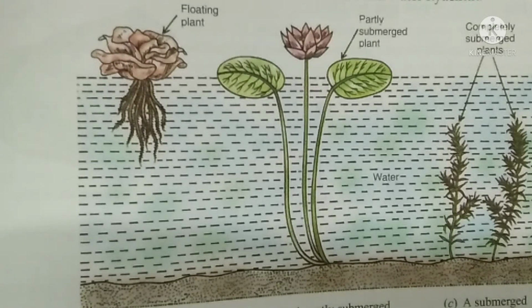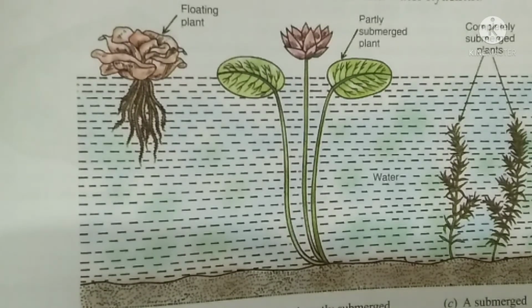Now if you think of fully submerged plants like hydra, they may not have roots, or they have very poorly developed roots, not at all strong roots. They may not have stomata for gaseous exchange on their body's surface, and there will be no waxy coatings which protect them from water loss.